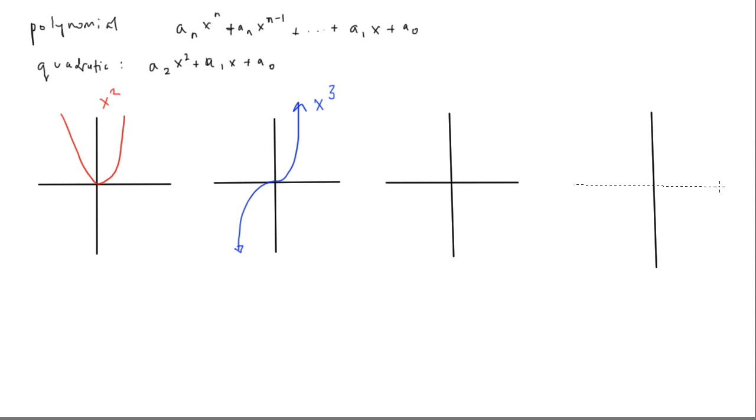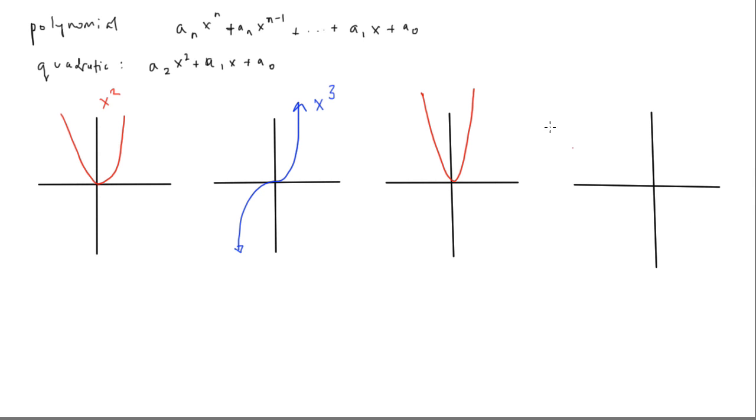And the good news is that it's pretty similar to the functions we've already got. So if I do something like x to the fourth, it looks a lot like x squared. It's just stretched vertically. But the amount that it's stretched vertically is not the same everywhere, so it's a little different than the kind of transformation stuff we did before.